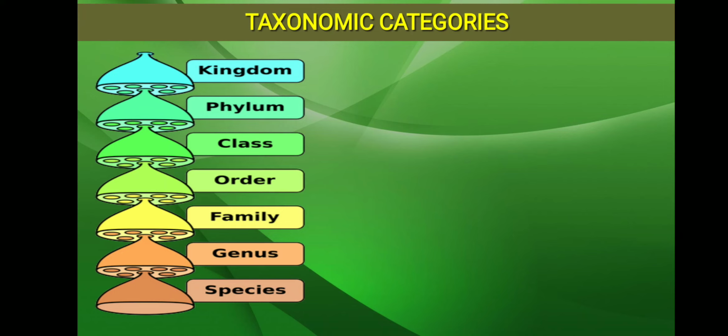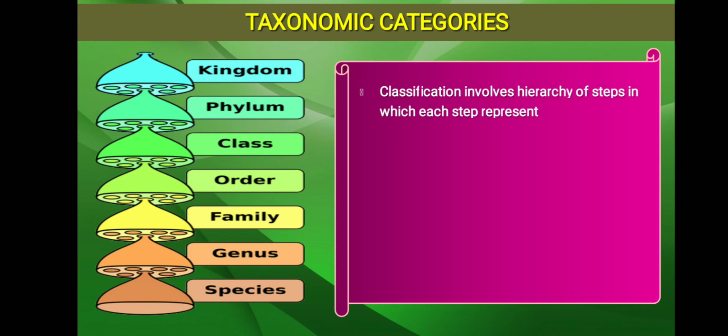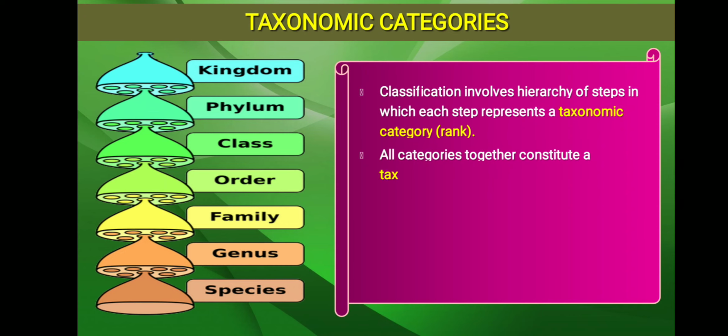Then we discussed taxonomical categories and each taxon, and their arrangement into what we call the taxonomical hierarchy, and then we discussed the taxonomical tools. In the taxonomical tools, we have studied herbarium, botanical gardens, zoological parks, then key, then manuals, monographs, right?